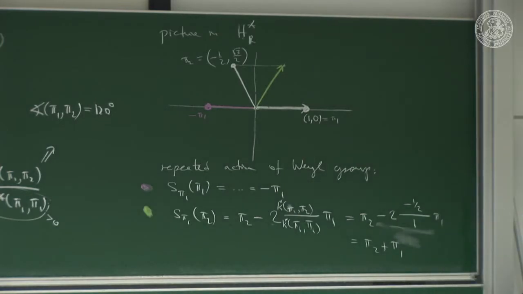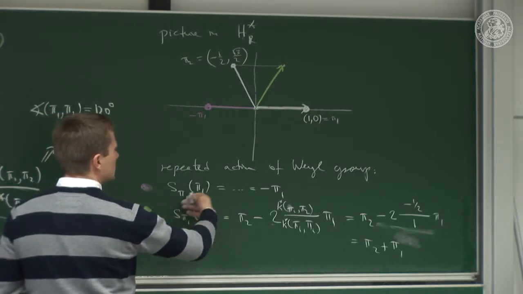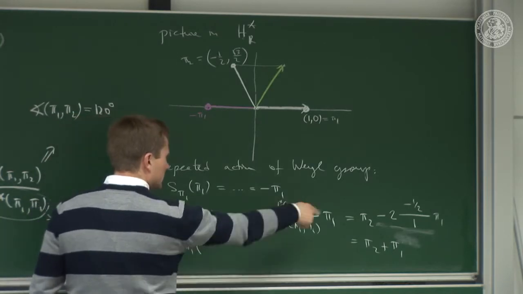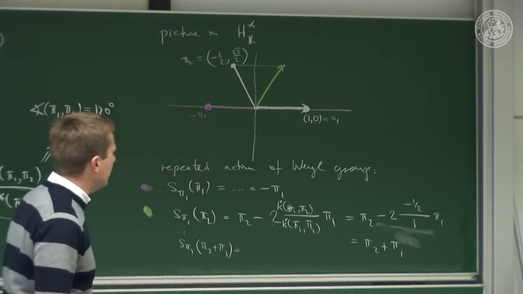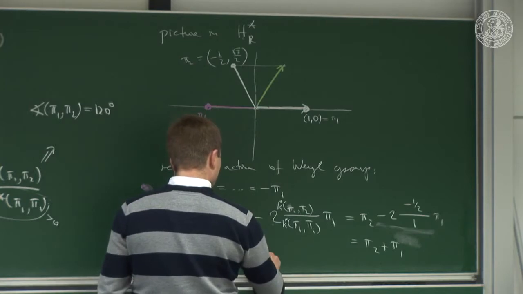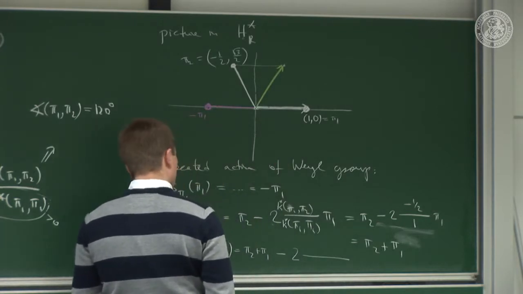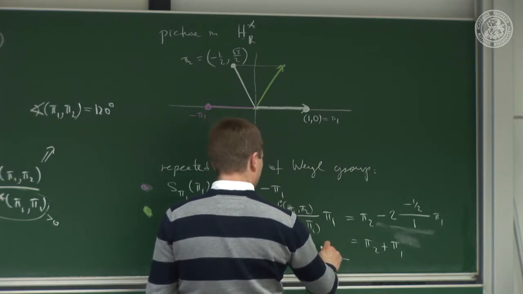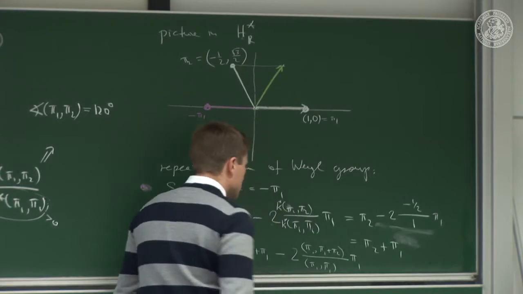So now you can imagine, I'm not indicating this in detail, by repeatedly acting, for instance, acting on this result again with pi1, well, let's do it. We take pi1 and act on pi2 plus pi1. This is pi2 plus pi1 minus 2 times (pi1, pi1 plus pi2) divided by (pi1, pi1).